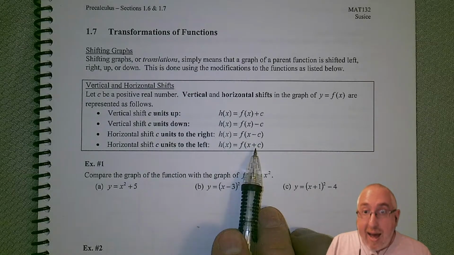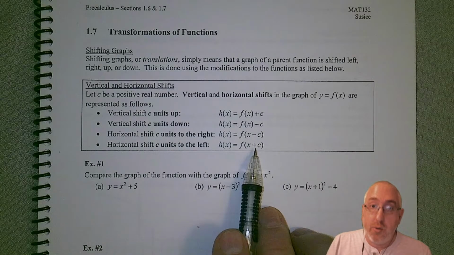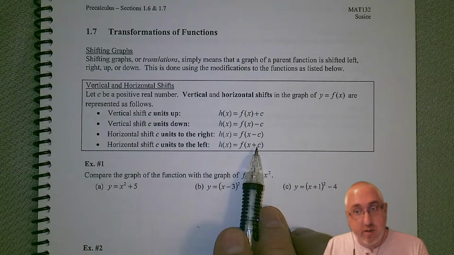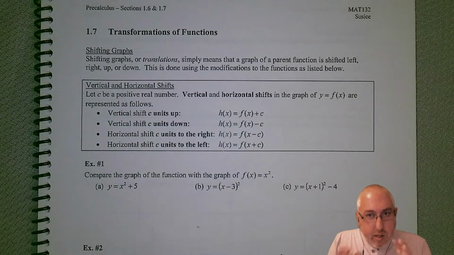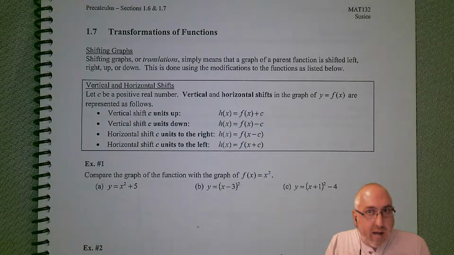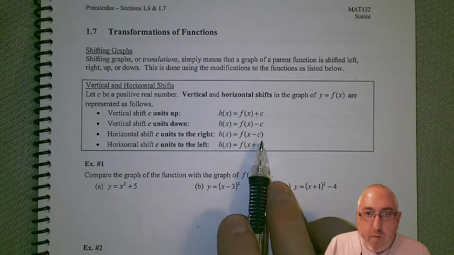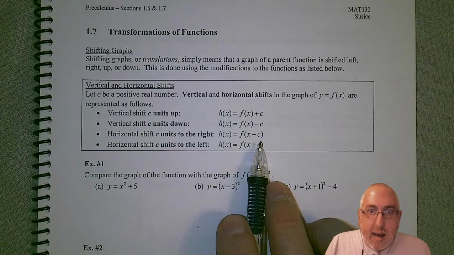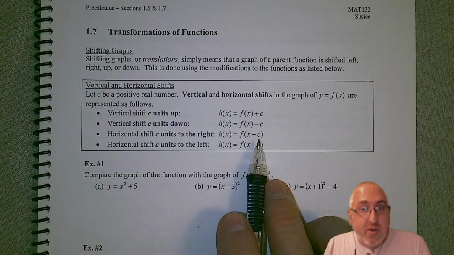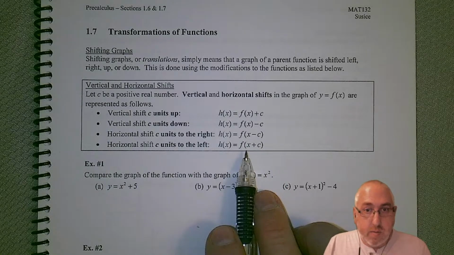And then if we add those c units to the value of x, it's going to shift it to the left. So you're going to see it a little bit easier once you have some examples, but just keep in mind that it's backwards for horizontal shifts. Subtraction moves it to the right, addition moves it to the left. So be careful.